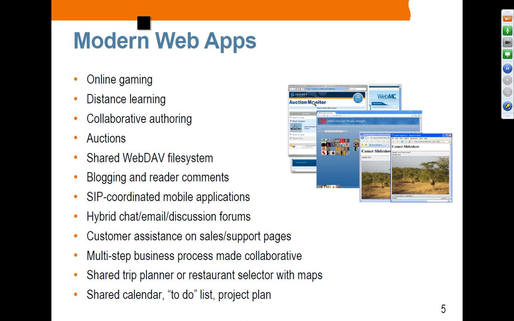And auctions. If you're using eBay and bidding on something, you want to get the bidding information from others in real time, right? Okay. So these are examples of modern web applications, reflecting those characteristics we talked about in the previous slide.